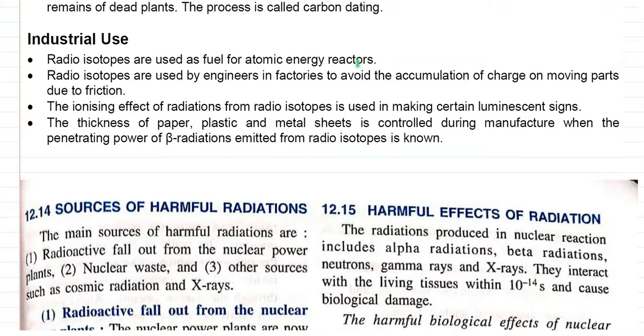The ionizing effect of radiation from radioactive isotopes is used in making certain luminescent signs. The thickness of paper, plastic and metal sheets is controlled during manufacture when the penetrating power of beta particles emitted from a radioactive isotope is known.